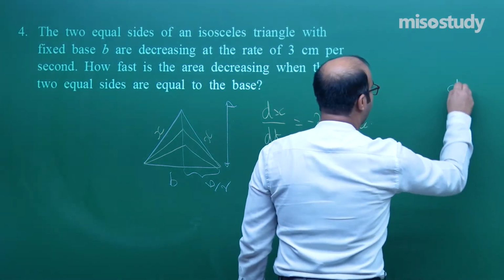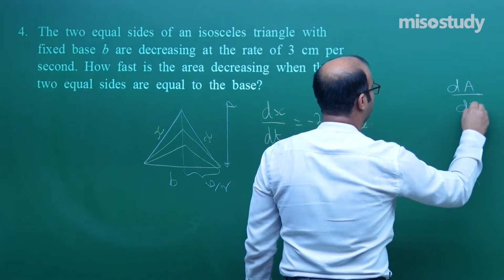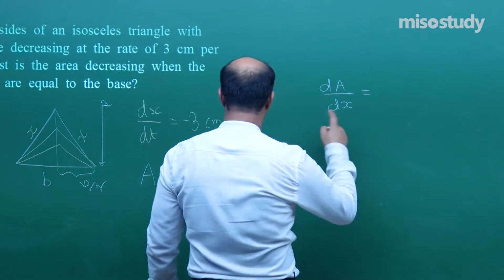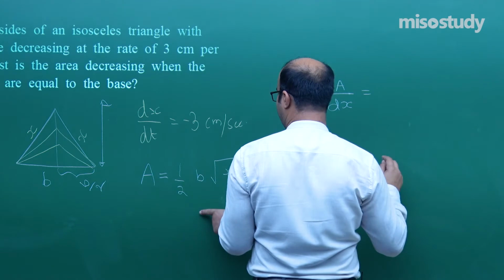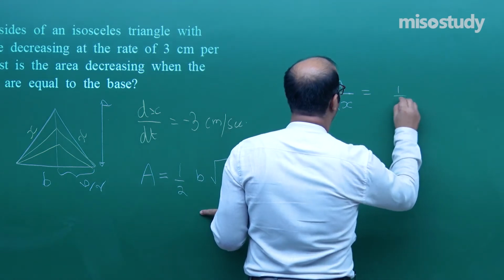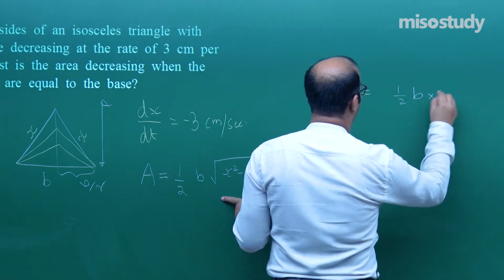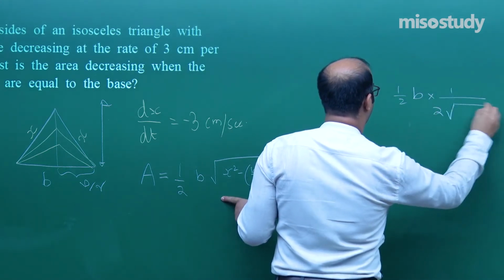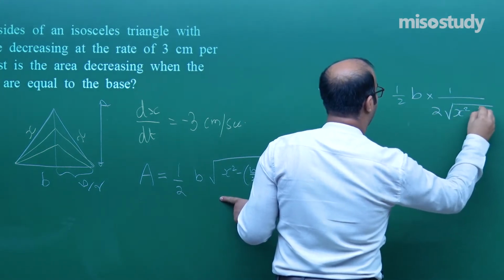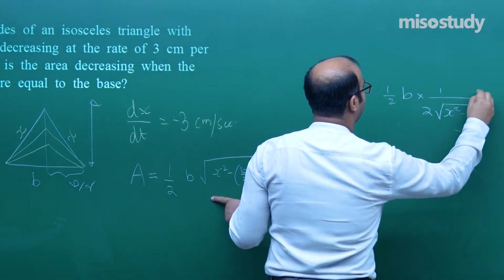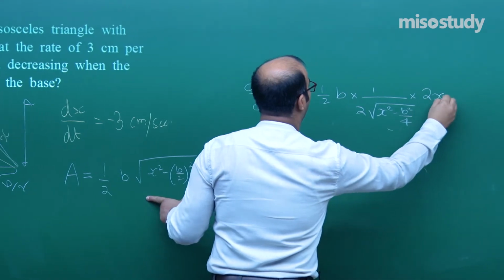Now let us differentiate area with respect to this variable x, which is the length of this side. When we differentiate, just see here, this is the area. So half b is a constant, it will come outside. We will differentiate this, what we will get? 1 by 2 root over x square minus b square by 4, and further by chain rule we will differentiate the internal value, that will become 2x.